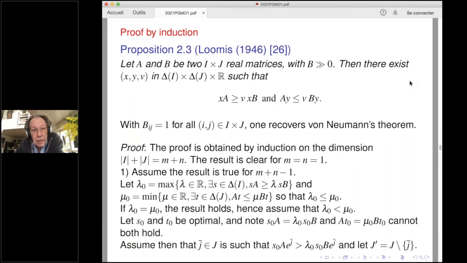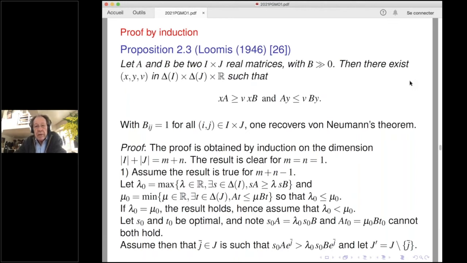This proof that I now describe is by induction on the size of the matrix, and it's not constructive, but it's very elementary and very nice. In fact, if you look at the original proof of Julia Robinson of the fictitious play property, it uses basically the same idea as the proof by Loomis, and by induction on the size of the matrix.